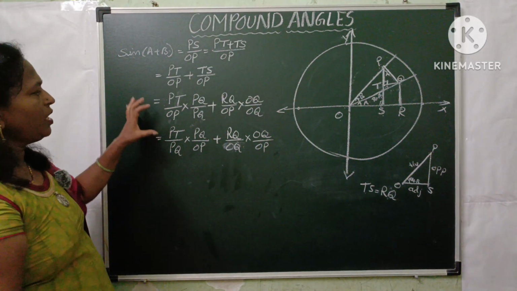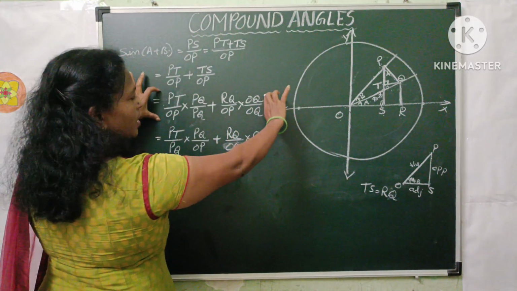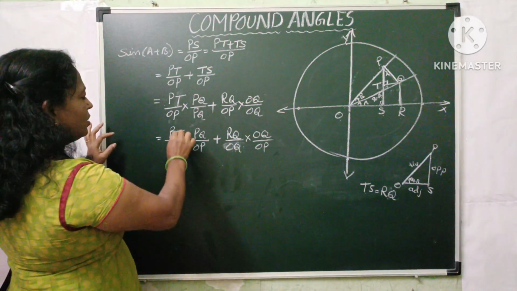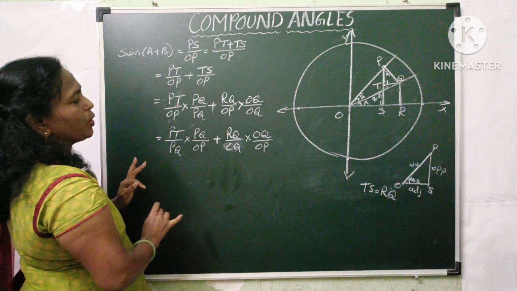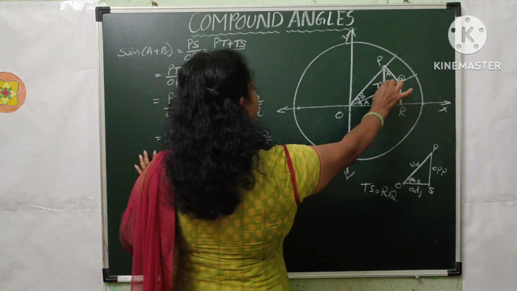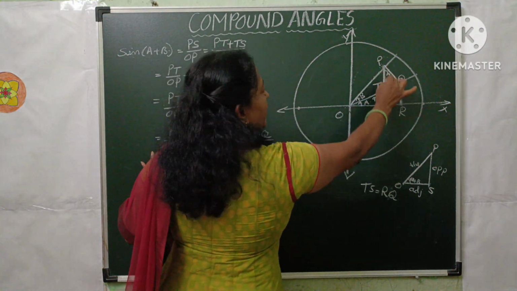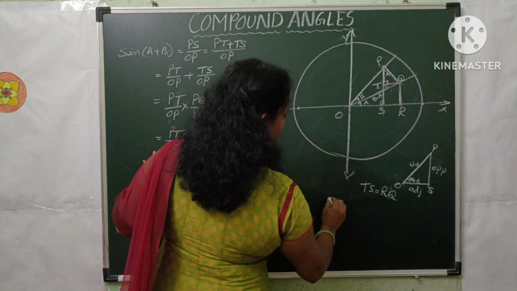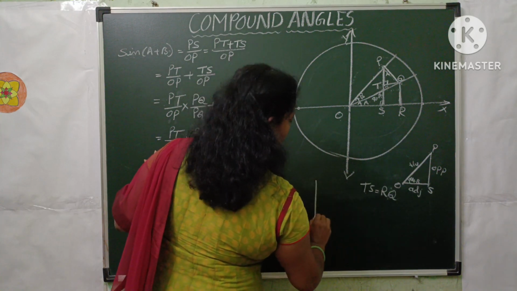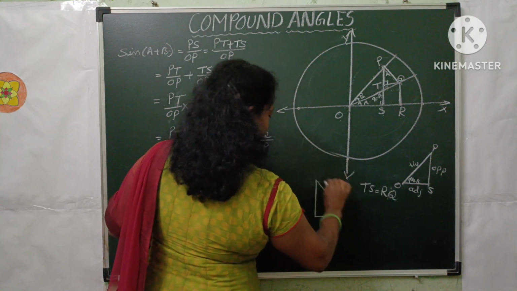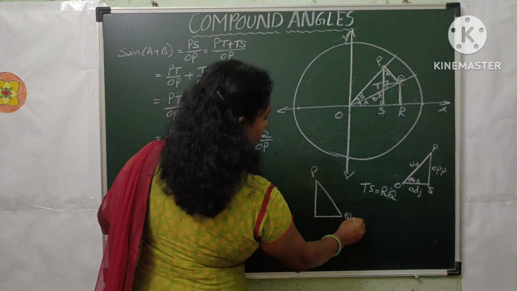You have to concentrate here. Now check PT by PQ. This is one triangle, PQT.